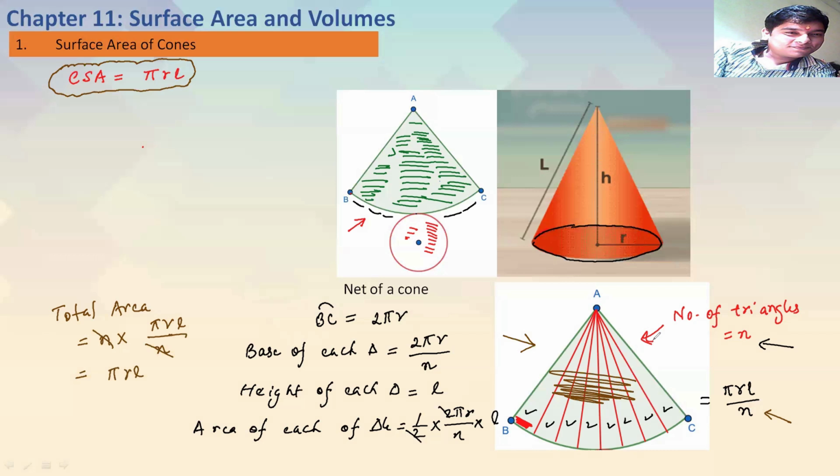I cannot show you n triangles, an infinite number of triangles in this figure. If there are 8 triangles, n will be 8. If there are 10 triangles, n will be 10. n could be any number.